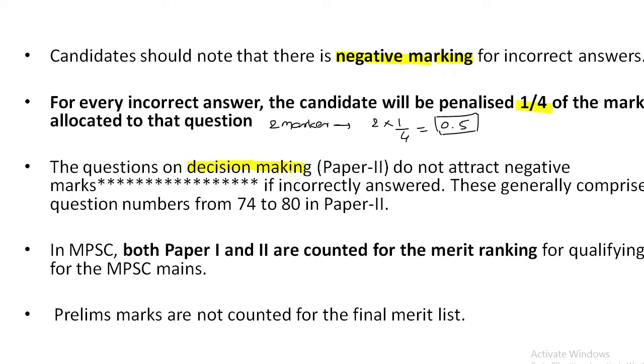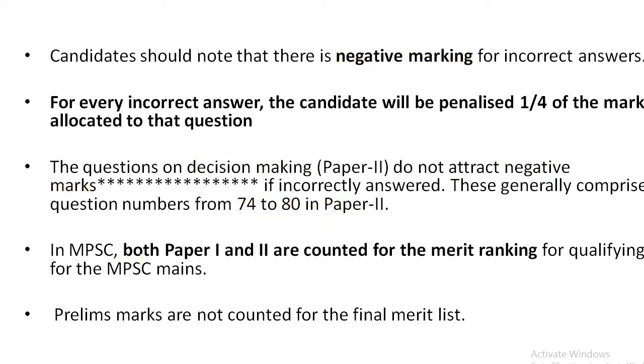Now pay attention here. The questions on decision making do not attract negative marking. Mostly you see these questions from 74 to 80 in paper 2. So this section of decision making does not have any negative marking.